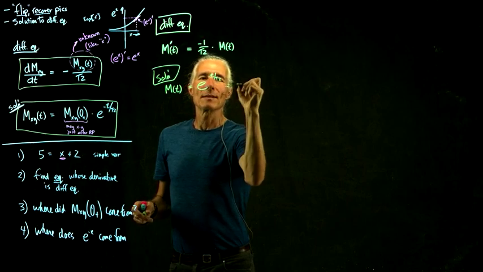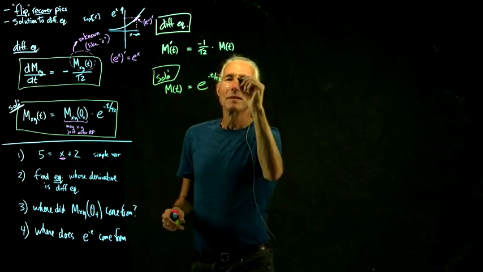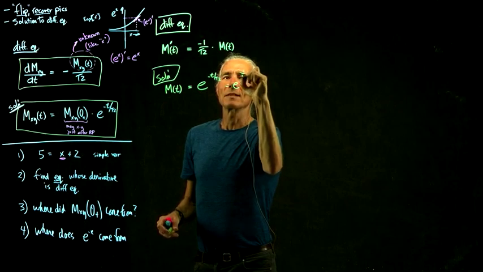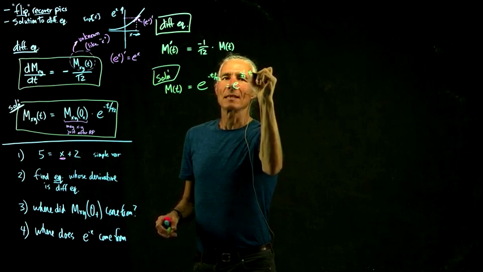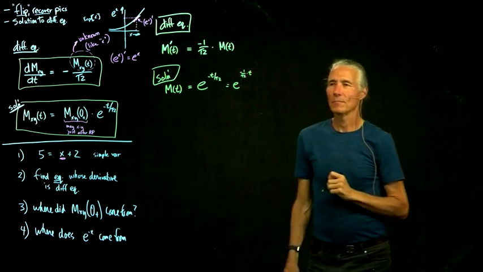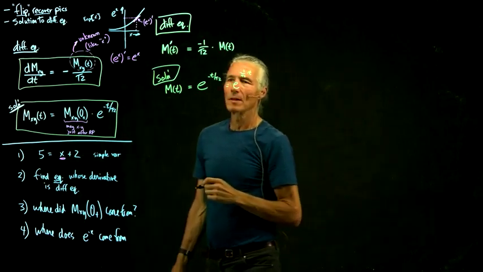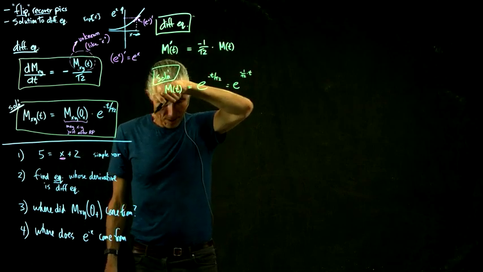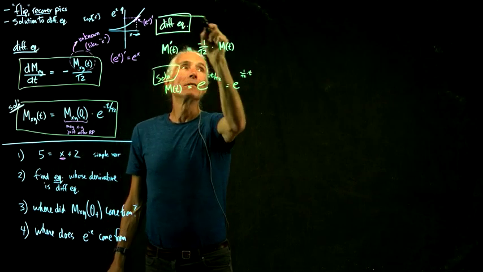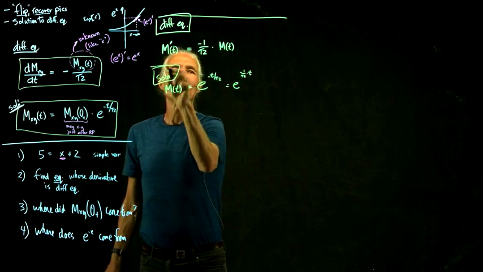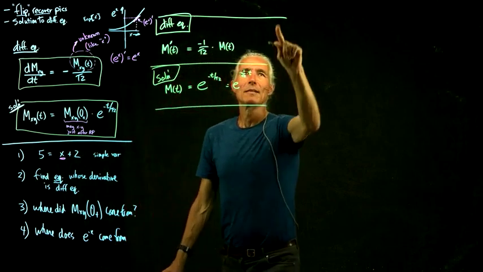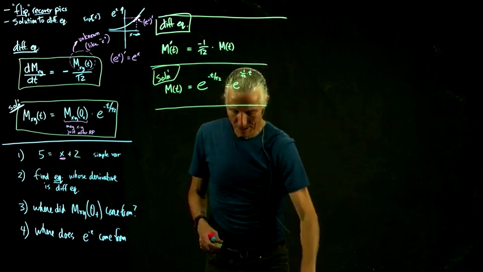Or you could just write it out as e to the minus 1 over t2 times t. Same thing. So that was our solution.